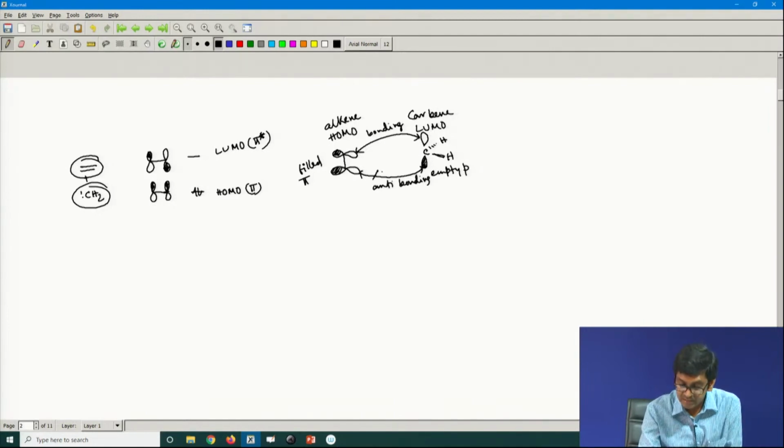That means this is not happening, because both have to be bonding, and only then can the bond form. Here one lobe is giving bonding, another lobe is giving anti bonding, so this is not possible because of orbital symmetry in the direct approach.